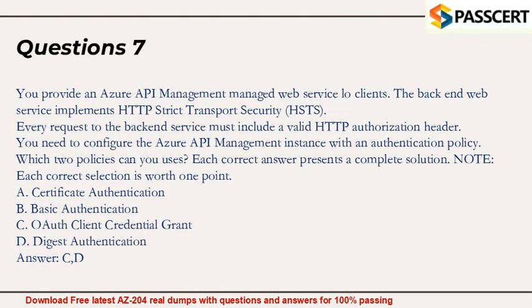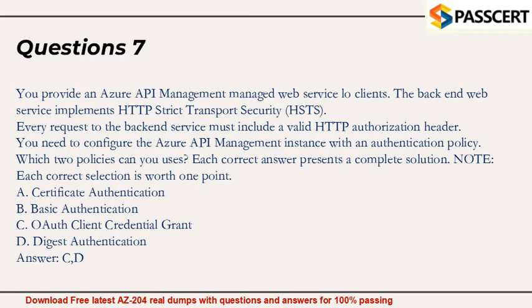Question 7. You provide an Azure API Management managed web service to clients. The back-end web service implements HTTP Strict Transport Security, HSTS. Every request to the back-end service must include a valid HTTP authorization header. You need to configure the Azure API Management instance with an authentication policy.